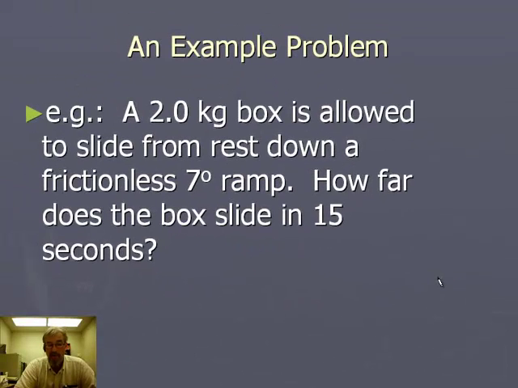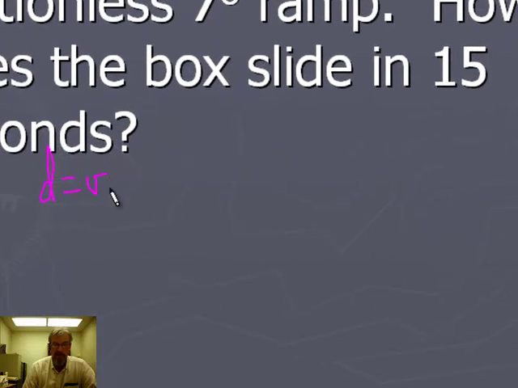This question asks about the same box on the same ramp. How far does the box slide in 15 seconds? Well, from our toolbox, we have this equation that might be more relevant here. Distance is Vi times the change in time plus the acceleration over 2 times the change in time squared. Once again, this term goes to 0 because there's no initial velocity. It's 0.